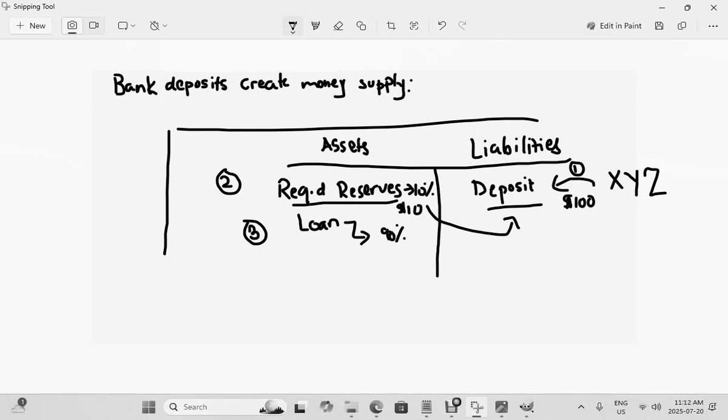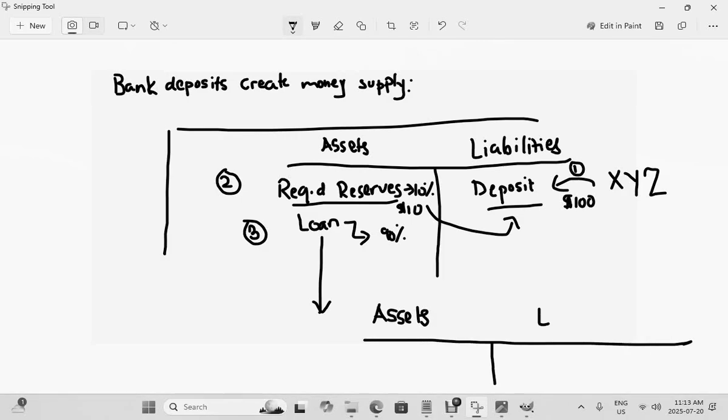The borrower who borrows money from the bank will go ahead and deposit this money, the loan, into his or her bank. Which means you have a separate T account for the second bank, and this second bank has to do with the person who borrows the money.